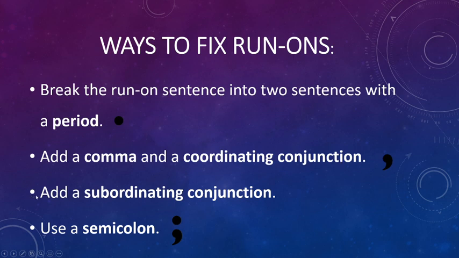The next option we have is to add a subordinating conjunction. As you can see, when we use a subordinating conjunction, we may or may not have a comma, depending on the placement of that conjunction in the sentence. And finally, you have the option of using a semicolon, which is this mark right here. Okay, so these are the four methods.